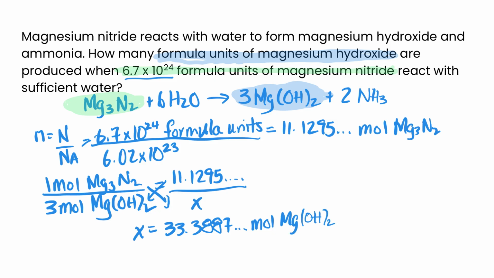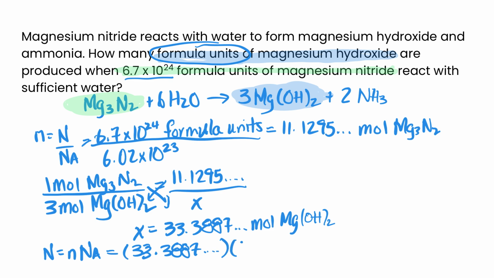Okay, looking back at the problem, we need formula units of magnesium hydroxide. So we need to take these moles now and flip it back into formula units by multiplying by Avogadro's constant. Too many threes here, making it hard to write, but that's okay.